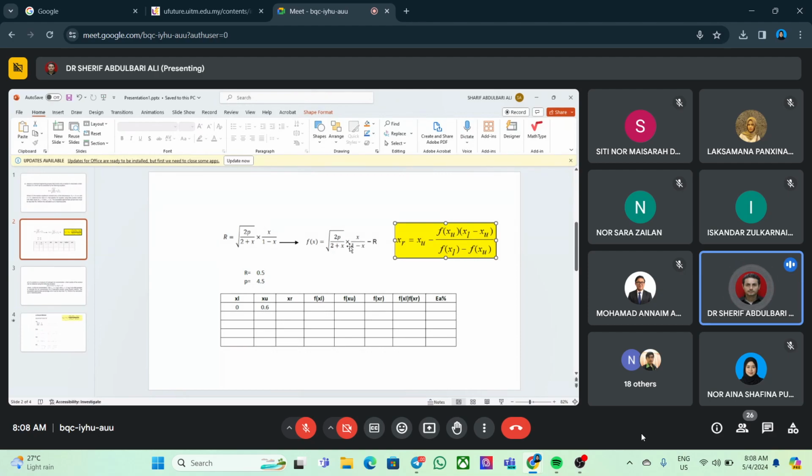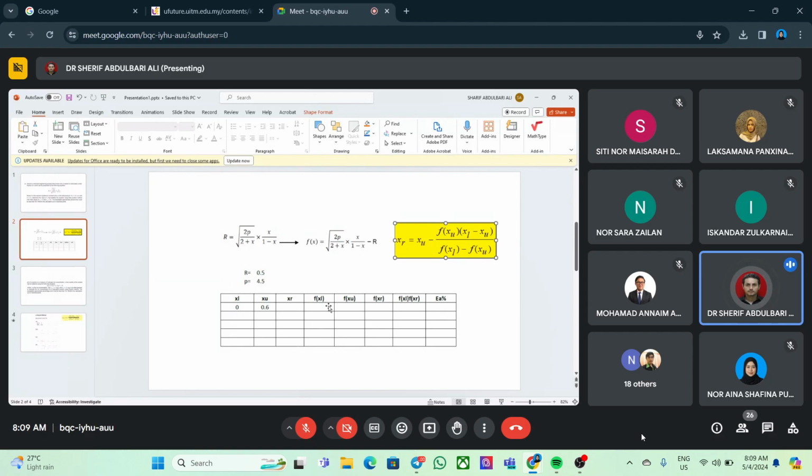So that means the function when x is equal to 0. You look at here, it's going to be 2 times the value of p, so 2 times 4.5, over 2 plus the value of x, which is 0, times 0 over 1 minus 0, minus the value of r, which is 0.5.